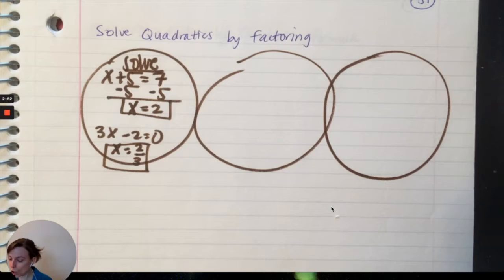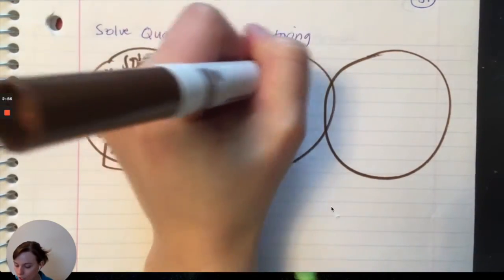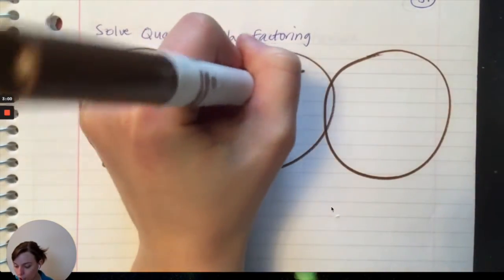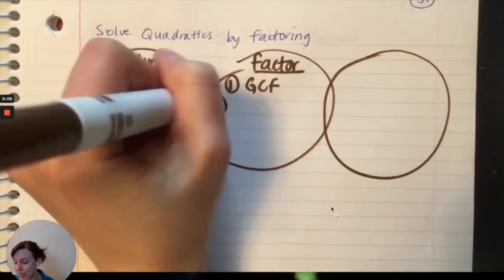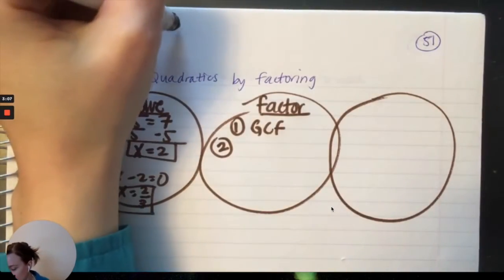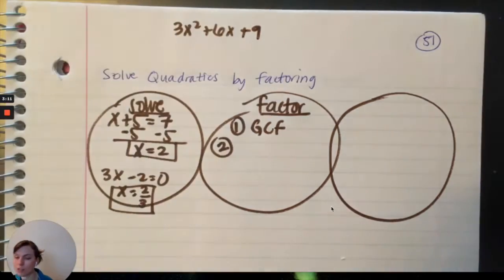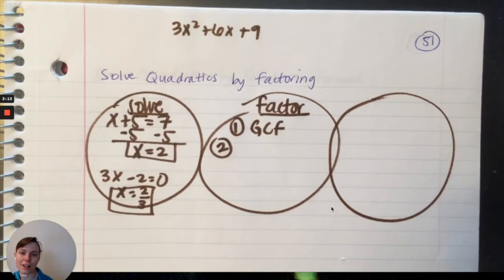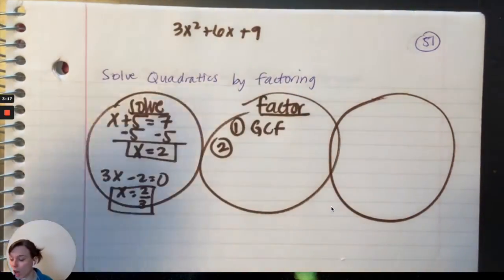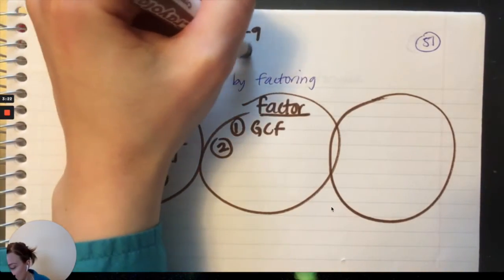Okay, so we've solved before, and we just learned how to factor. We can factor by using the GCF method and taking out a greatest common factor. So if you have 3x squared plus 6x plus 9, 3, 6, and 9 all have a 3 in common, so you could have that come out.